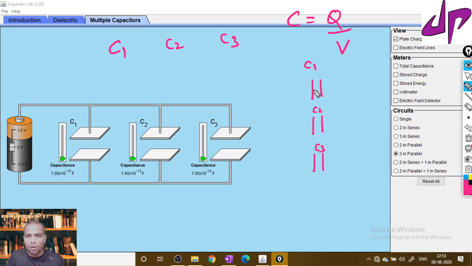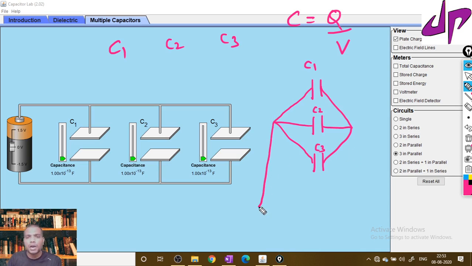We need to connect all the plates. I connect the first plate of C1, the first plate of C2, and the first plate of C3 together. Likewise, we connect the second plate of C1, the second plate of C2, and the second plate of C3.